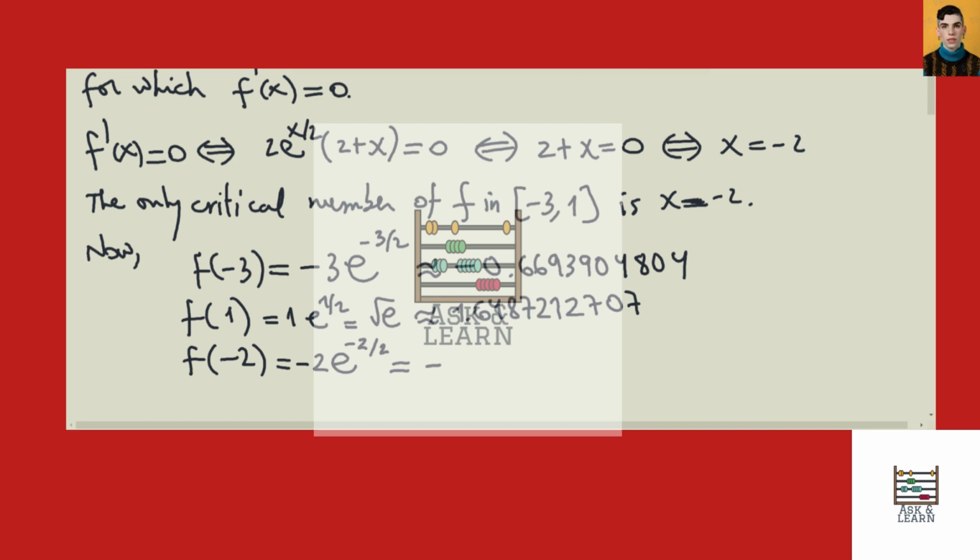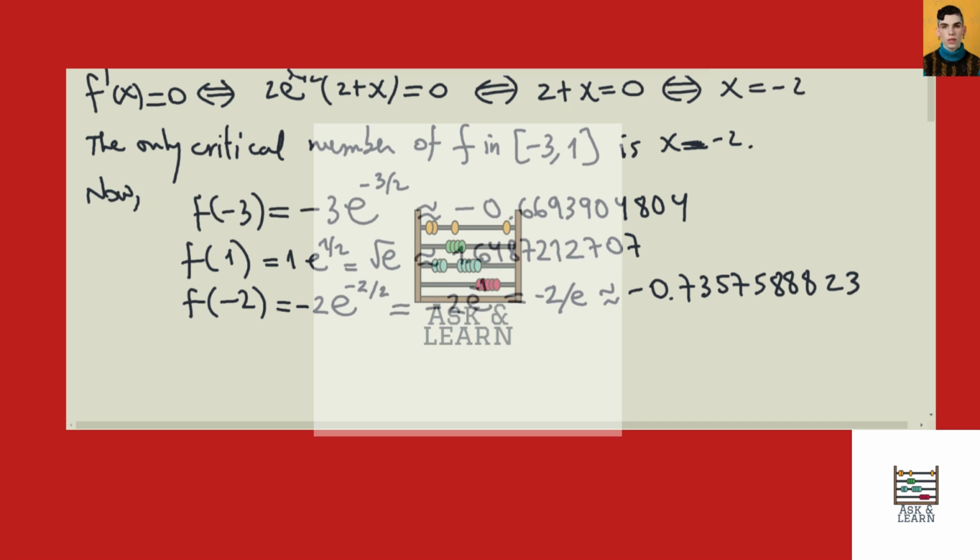And that is negative 2 e to the negative 1, that is negative 2 over e, and that's about negative 0.7357588823. And those are the three images we need.